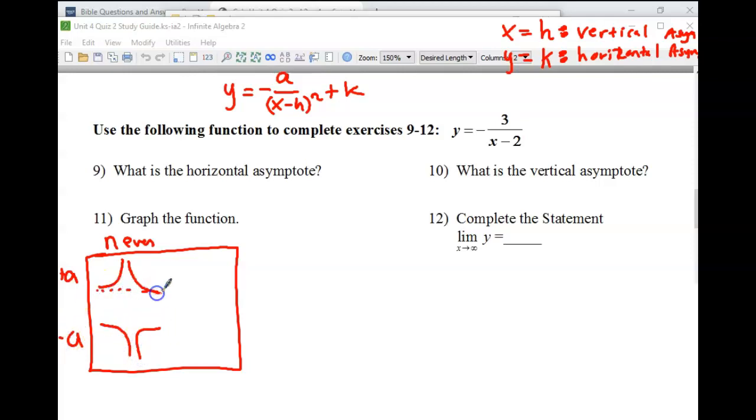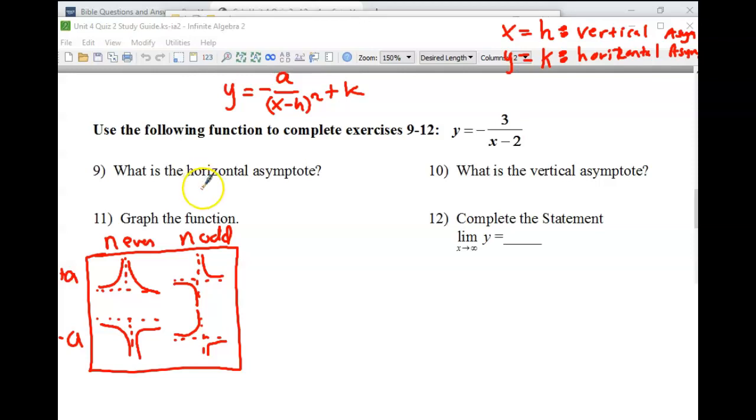And your asymptotes are here. If n is odd, then it goes like this if a is positive, and if a is negative, it does the opposite. It looks like this. So let's go ahead and take a look at exercises 9 through 12.